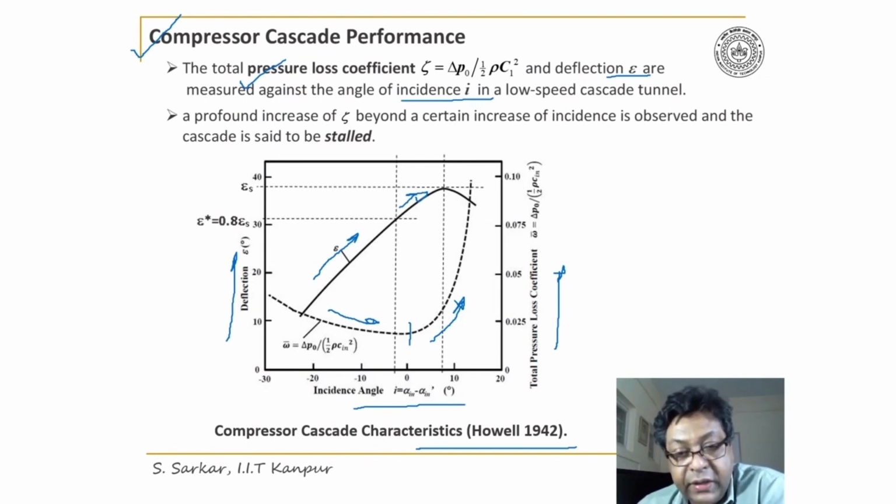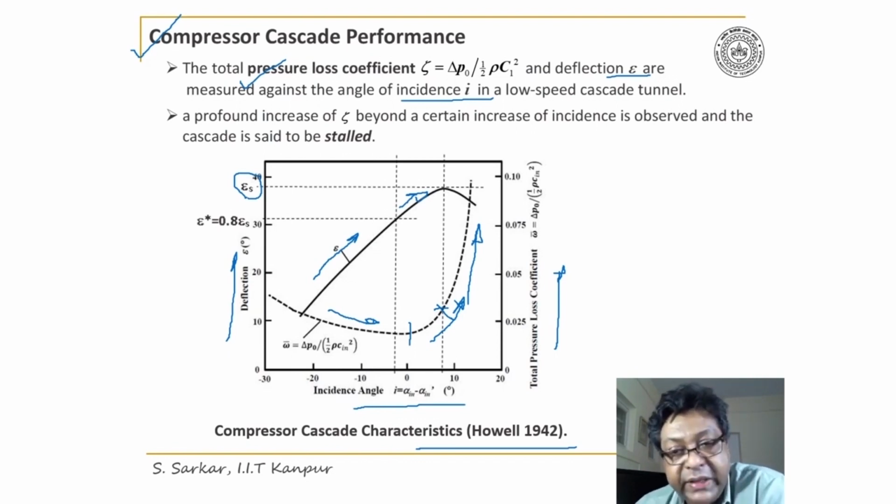The point where the deflection is maximum, the stalling point, is denoted by epsilon s. And look here, the loss is almost twice the minimum loss. After that stall point, losses tend to increase significantly with decrease of lift or deflection.